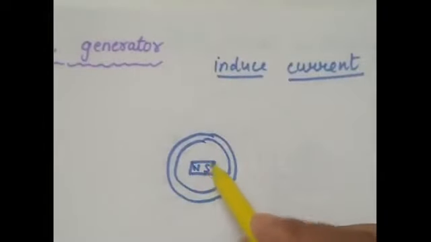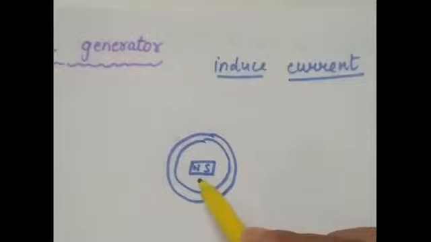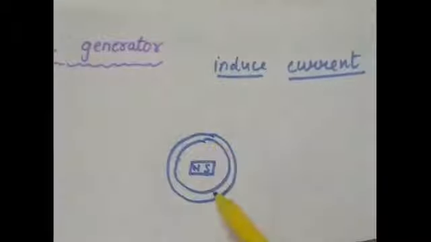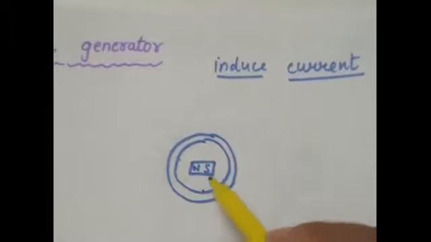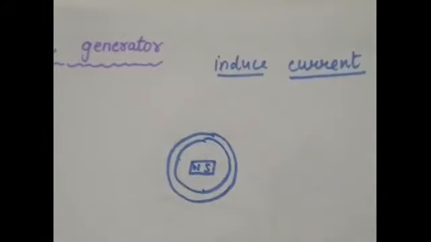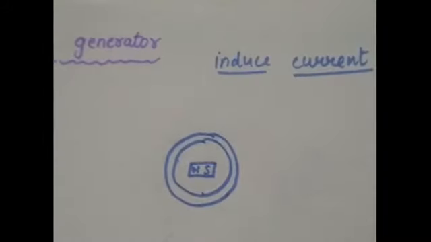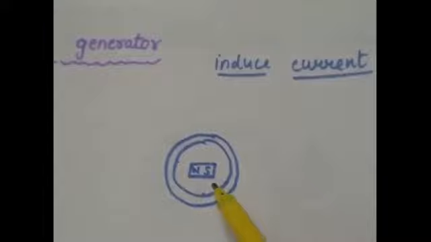When this magnet rotates, the magnetic flux or magnetic field lines associated with the coil change every time, and that is how the potential difference develops in the coil. Because the magnetic flux is varying, the current will be induced in this coil, and this coil is making a closed circuit with the lamp. So the current will pass through the lamp and that will glow.